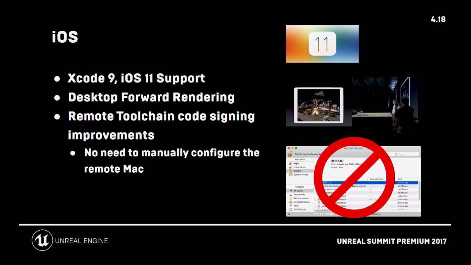So you no longer need to do anything with keychain access on the Mac. It now happens automatically. So the only thing you need to do is to actually set up the settings in the Unreal editor on the PC.